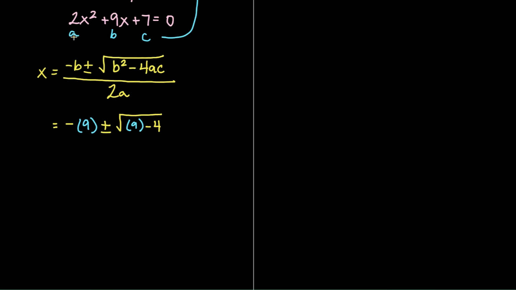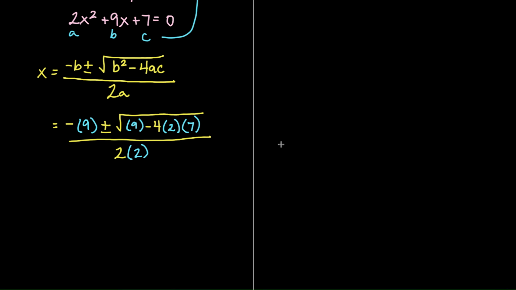Instead of a, I'm going to put 2, and instead of c, I'm going to put 7. So it's going to say 4 times 2 times 7, all over 2 times a, and a is 2. Now I'm just going to do all this math, okay?